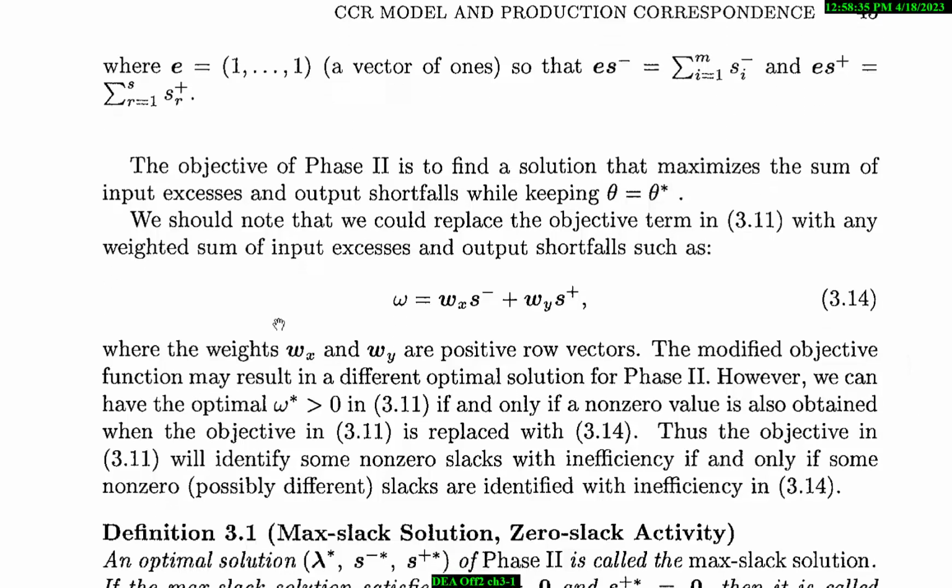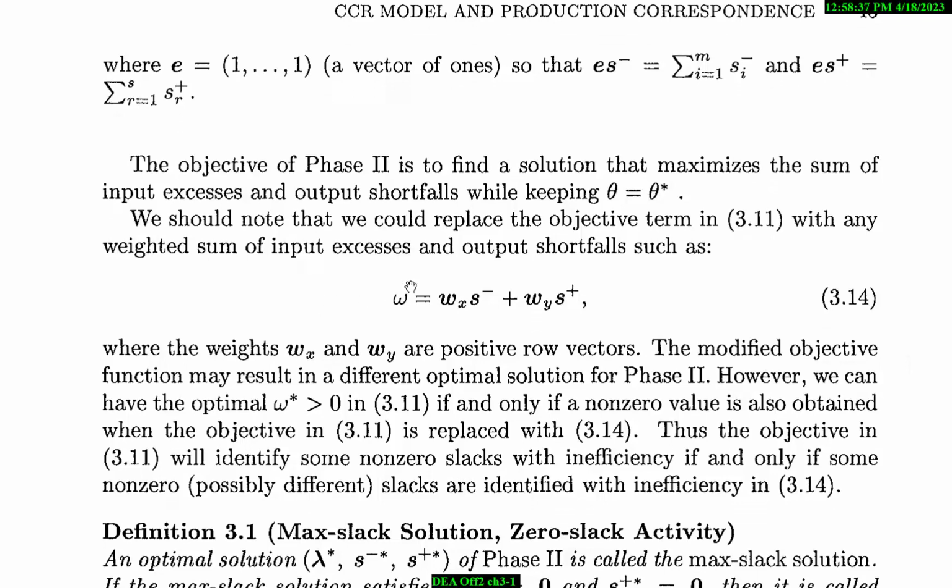Note that in the second phase we may replace the one values by other values as weights, and instead of maximizing the summation of the slacks, we can use other row vectors that are positive, as you can see from here.